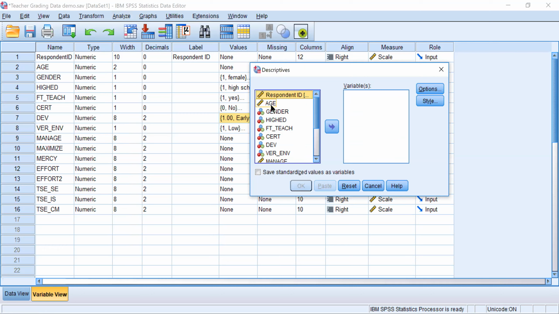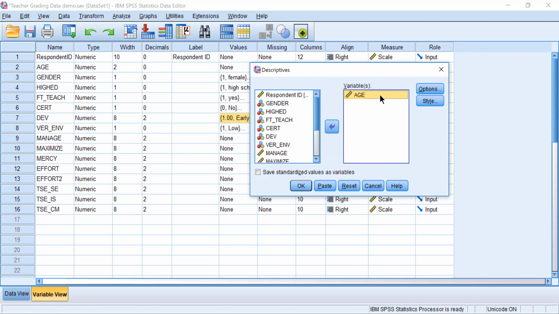And all you have to do to get the descriptives on age is click on the age variable and click that arrow and bring it over to the variables list. One thing you'll notice here is that there is the option to save the standardized variables of whichever variable you're getting descriptives on, which means that for a variable like age, it will standardize those values and create a new variable that's called z-age, which would be the z-score, age as scaled on the z distribution.